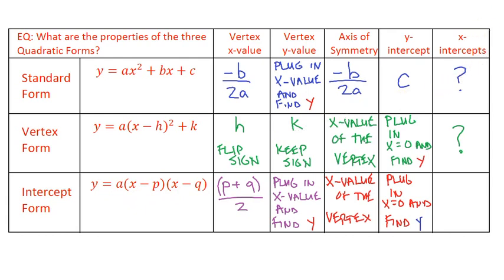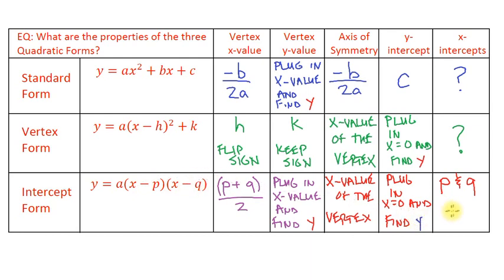Last thing is, what about the x-intercepts? Well, here's a good part. Intercept form does give us the x-intercepts. And that's just going to be the value of p and the value of q. P and q tell us where this graph will cross the x-axis. But one important thing, notice just like in vertex form, there's a minus p here and a minus q here.